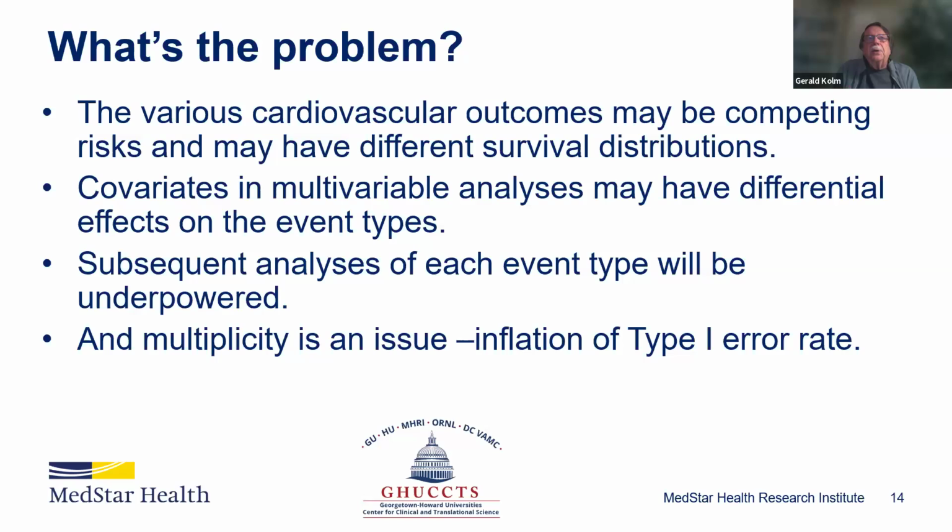And the issue is that they may have different survival distributions. If you're doing multivariable analysis, then the covariates might have differential effects on the event types. Now, if you analyze each one separately, then you have the issue of multiplicity, as well as the fact that subsequent analyses are likely to be underpowered.